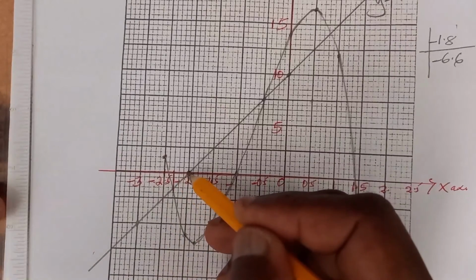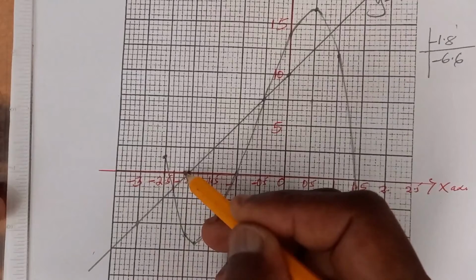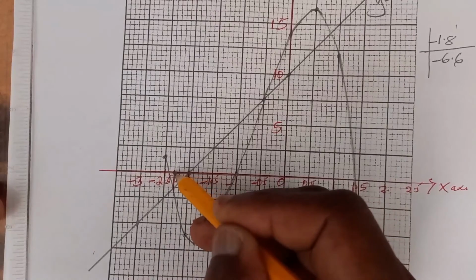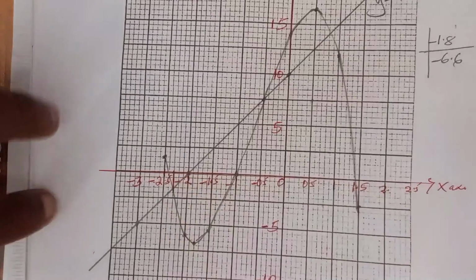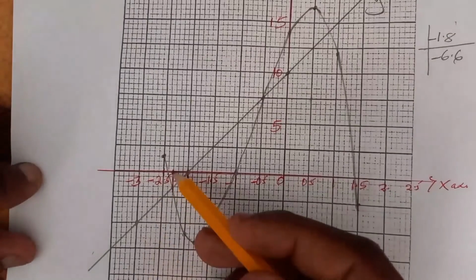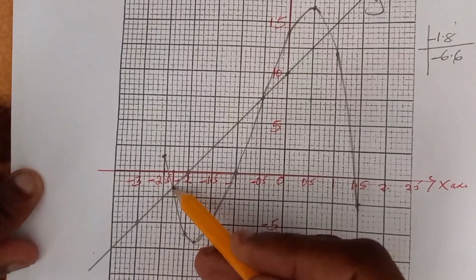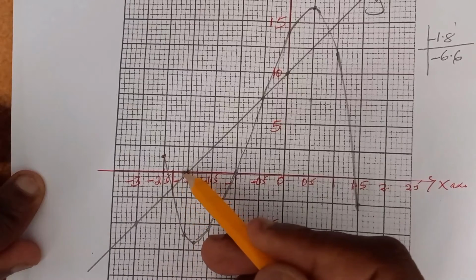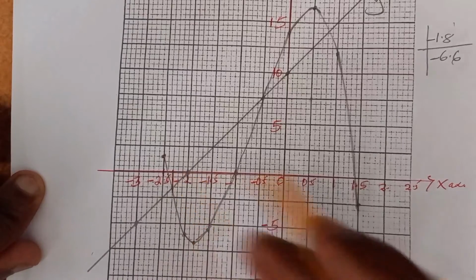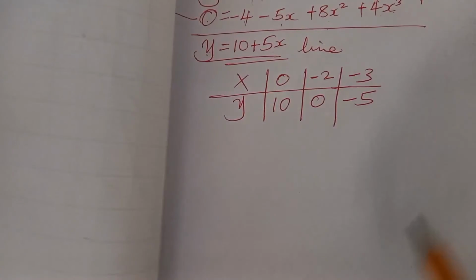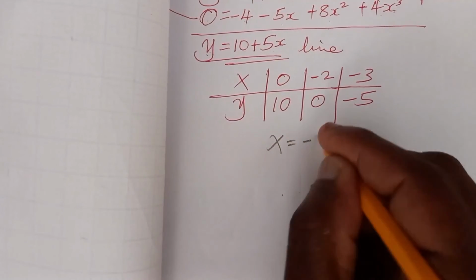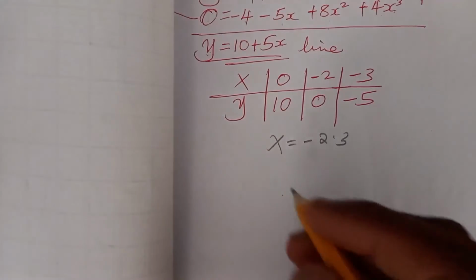So this is negative 2, 2.1, 2.2, 2.3. So this is a 2.3. So that is the first point here. The x coordinate of this point of intersection of this straight line and the graph. So the first one is x is equals to negative 2.3. Let's get the other one.